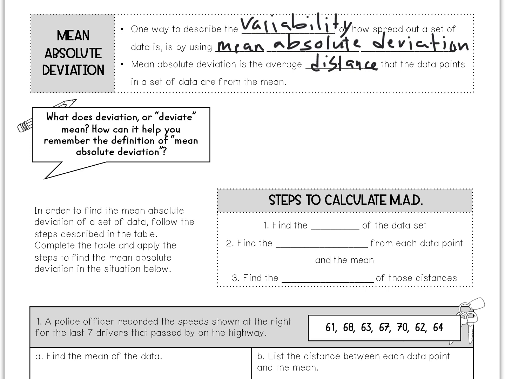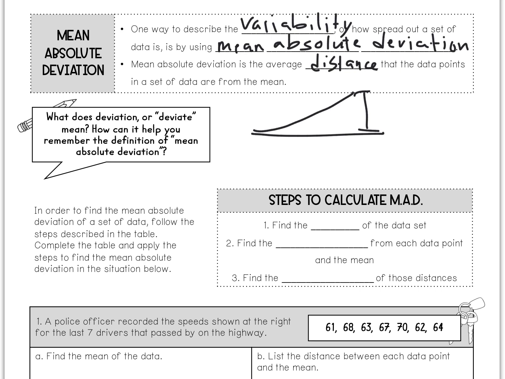If I'm driving down the road and I deviate in my direction, I've turned off the road and I'm going down a different way. So if I was going down a road and I deviated, it would go over here. So what we're asking is how far away is that deviation?